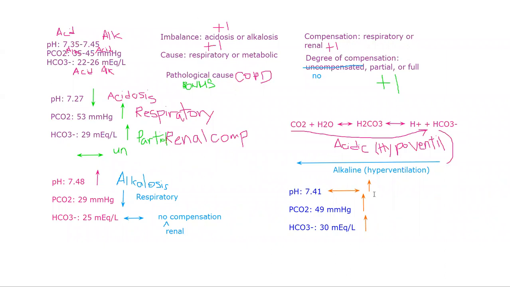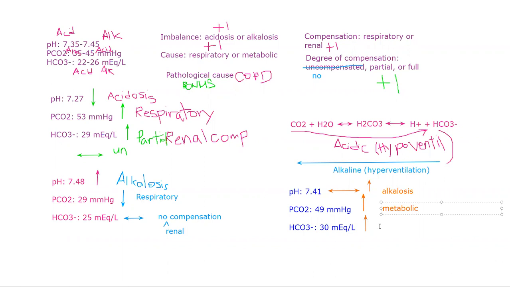So if I have 7.41, it's within normal range, but it's on the high side. So I know that I just came out of alkalosis. Okay, so I'm going to put that it was alkalosis. Now, if I look at the second one, pH is up and PCO2 is up, so that it is not the cause. So if it's not going to be a respiratory cause, then it is a metabolic cause.